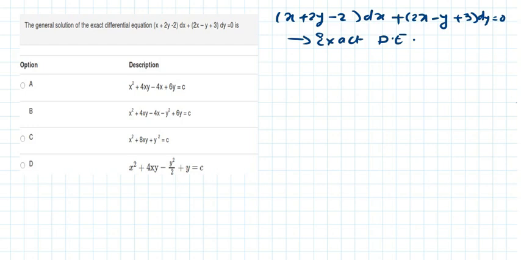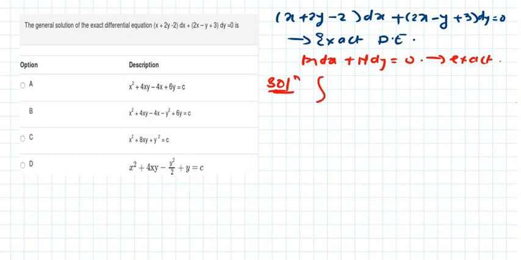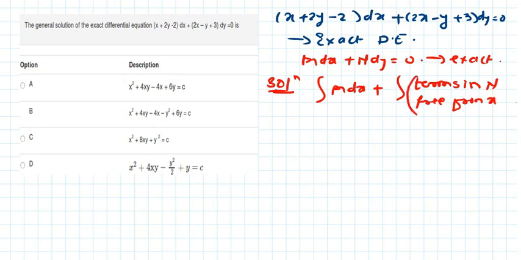Now the concept should be known. If this differential equation M dx plus N dy equal to 0 is exact, then its solution will be integration of M dx plus integration of terms in N which are free from x, into dy, equal to constant.